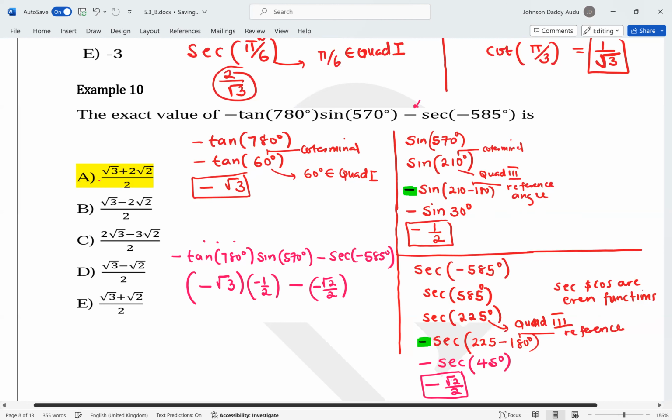Now, this and this will cancel, so we have just root 3 over 2, and then plus root 2 over 2.